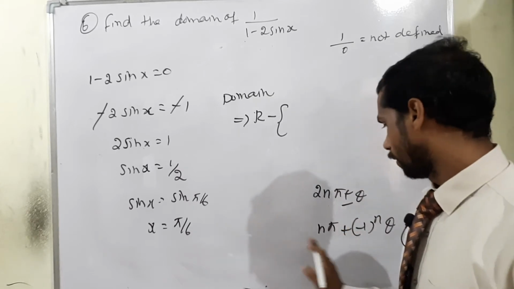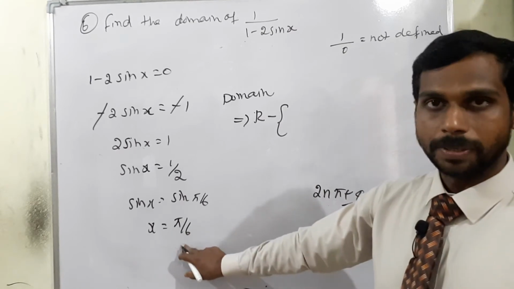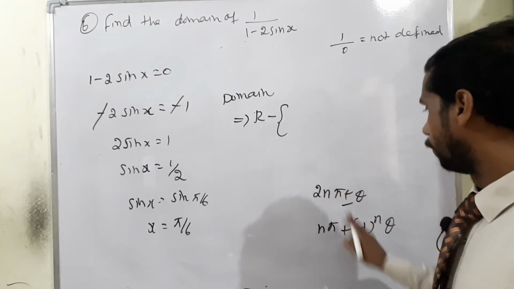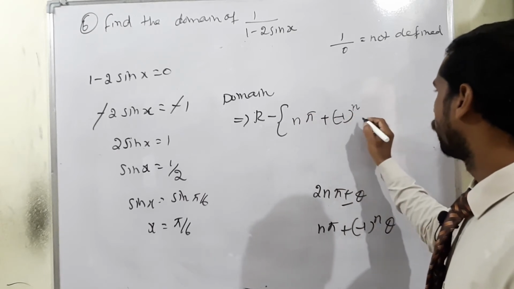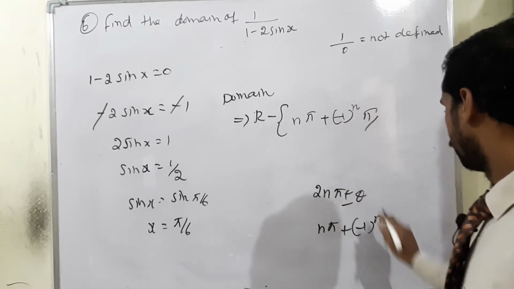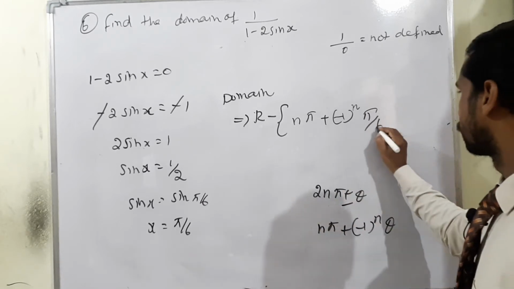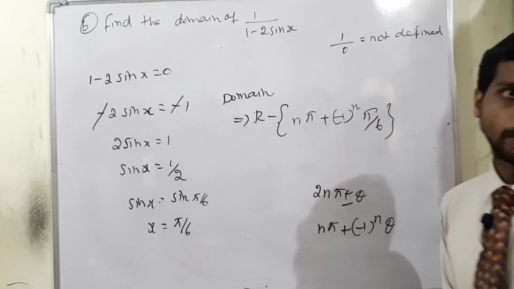Instead of theta, the angle value pi by 6. Therefore, all real values are possible except n pi plus minus 1 the whole power n into pi by 6. So accept this answer. Okay, I will continue with the next question.